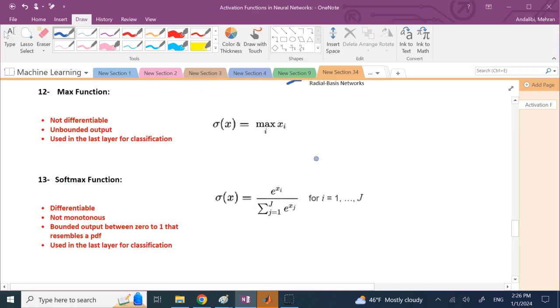Okay, two functions here that are used typically in the last layer when you're trying to classify and get one number out of so many numbers. So they are like for the winner, basically. One of them is the max function. Of course, out of a bunch of values, you just get the maximum, right?